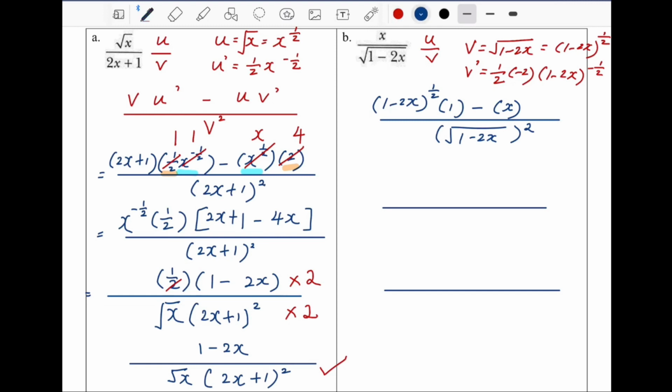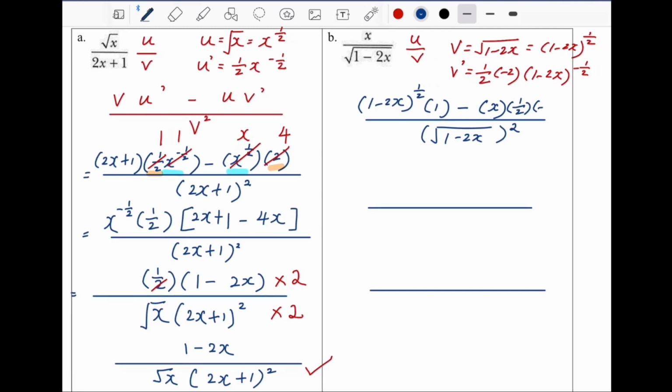I simplify later on. So this is v prime. So 1 over 2, negative 2, 1 minus 2x power 1 minus negative 1 over 2. Okay. So first step done. Now the second step is always to do a factorization on the numerator.